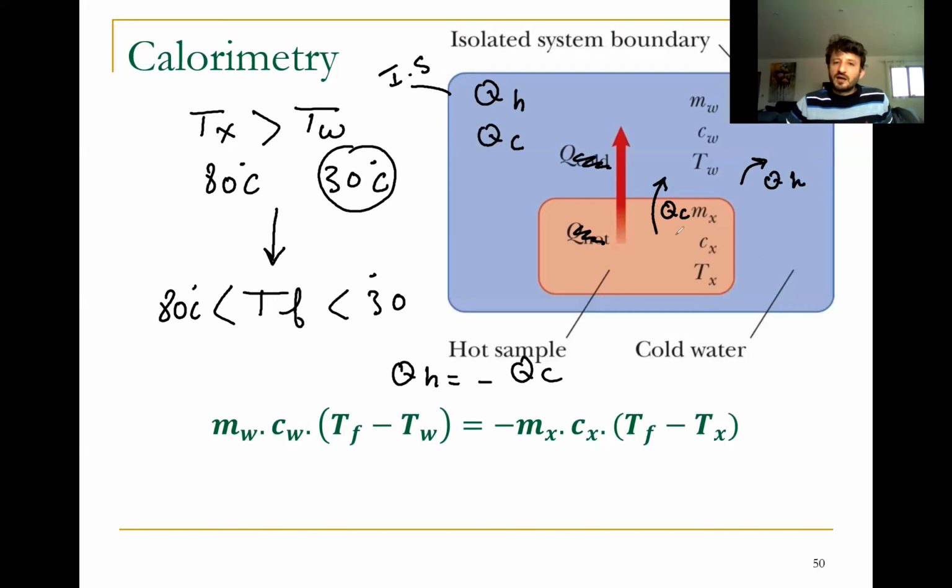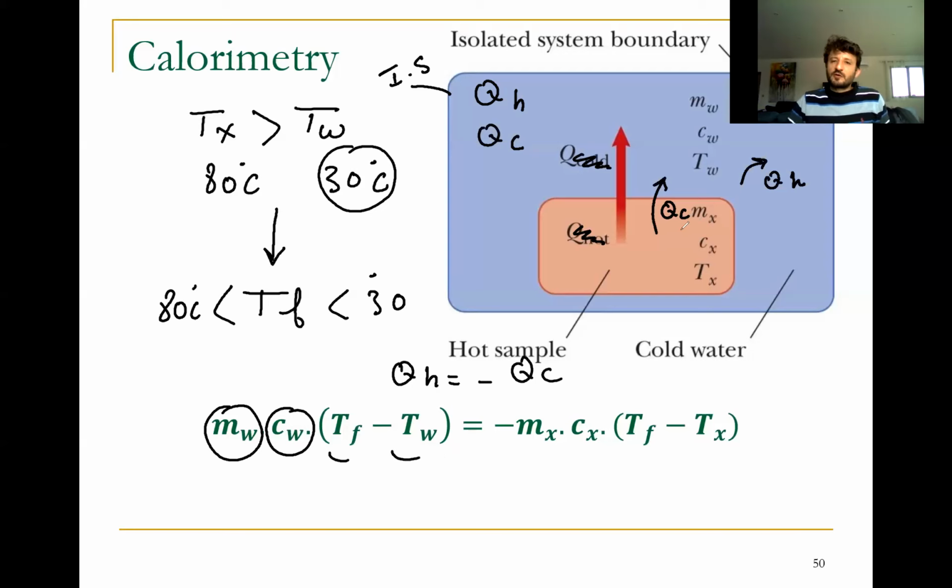So Q hot, the Q gained by the water, equals m of the water times C of the water times T final minus T initial.